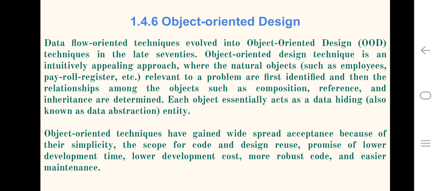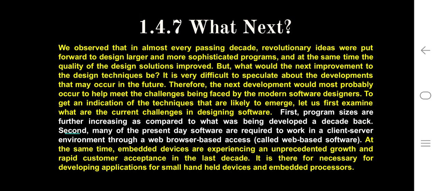This technique has gained widespread acceptance because of its simplicity, the scope for code and design reuse, the promise of lower development time, lower development cost, more robust code, and also easier maintenance. These are different advantages of implementing object oriented techniques, and they are very popular nowadays.